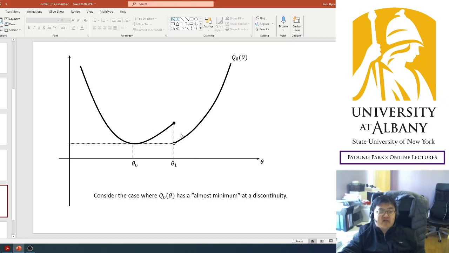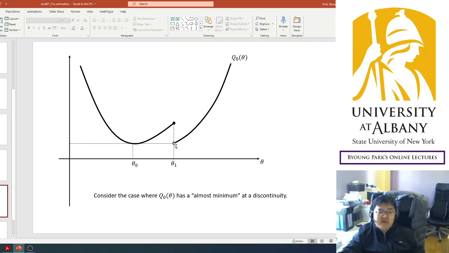And the third case is a problem of the true criterion function. Suppose that the criterion function has a discontinuity here. So it drops here and again goes nice. So it's discontinuous at this point. But the problem here is, at this discontinuous point, it is empty, so still the minimum is here. But this point is very close to the minimum, almost the minimum.